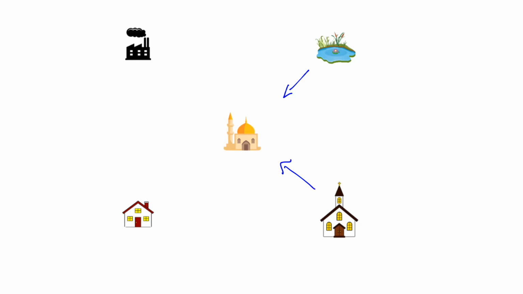So the first thing you come to is the mosque, but the house is also southwest of the pond. And also when we just said about what is northwest of the house, we've got the mosque, but also the factory is northwest of the church.